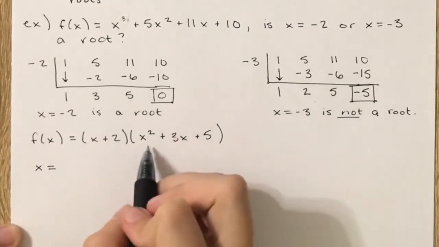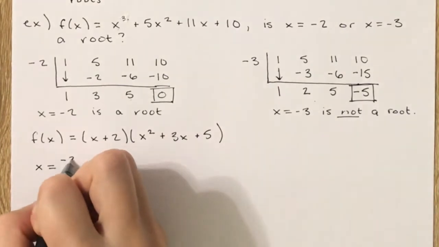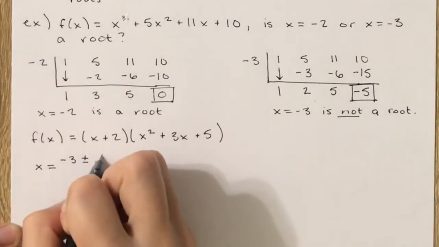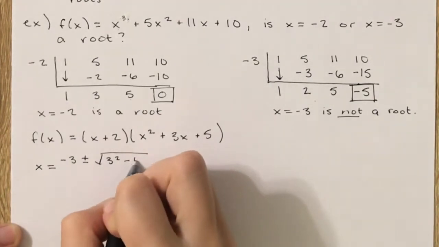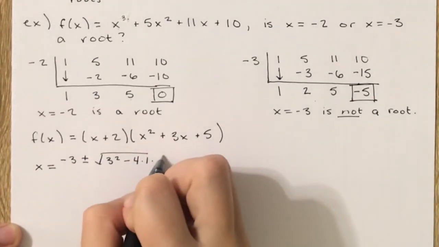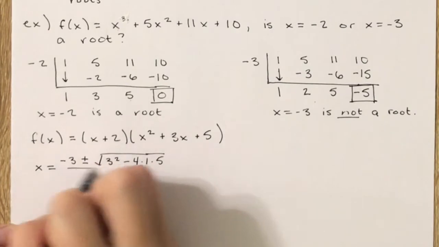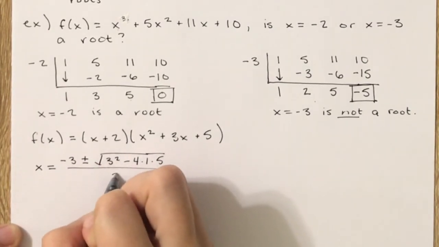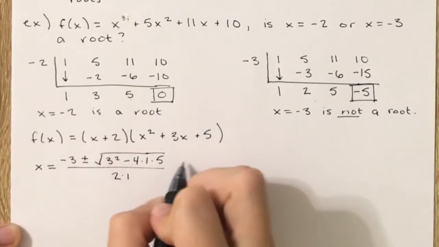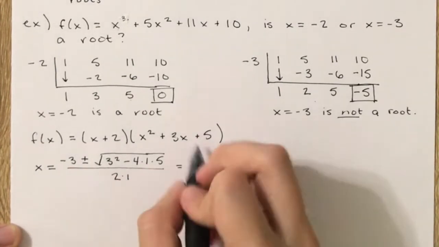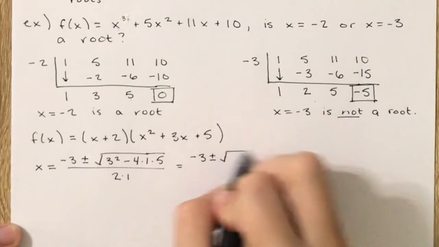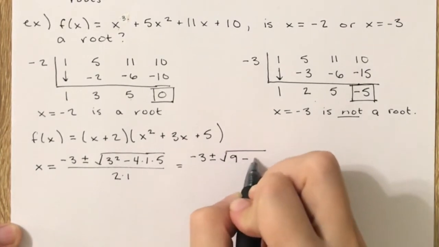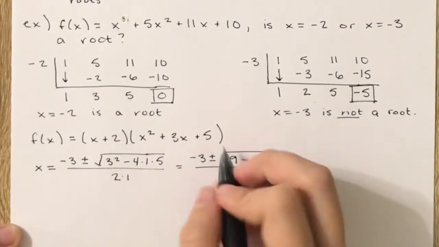So x equals -3 plus or minus the square root of 3 squared minus 4 times 1 times 5 over 2 times 1. We have -3 plus or minus the square root of 9 minus 20 over 2.